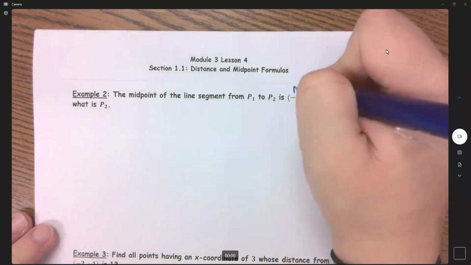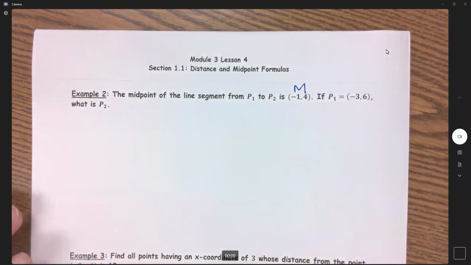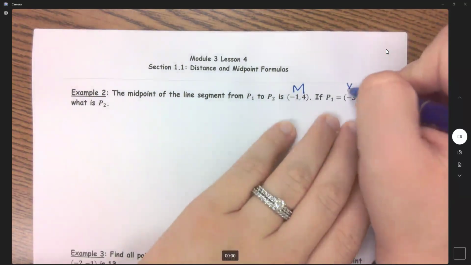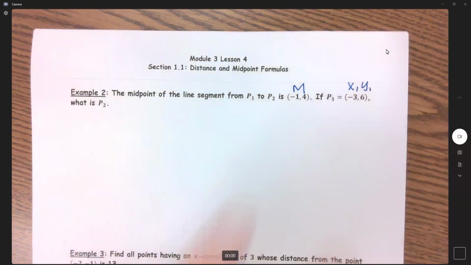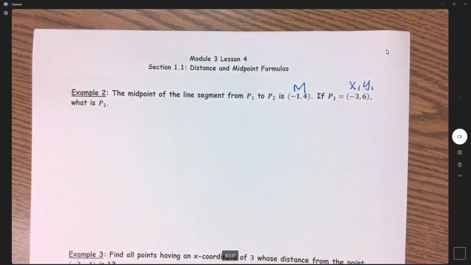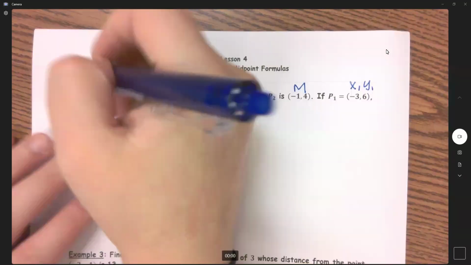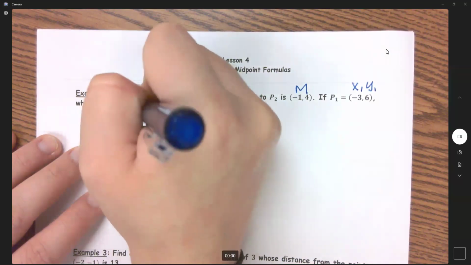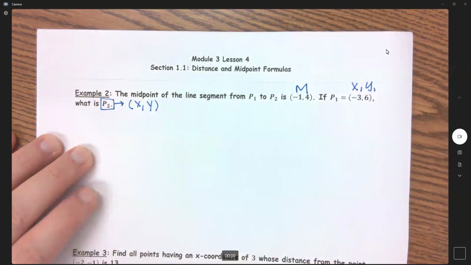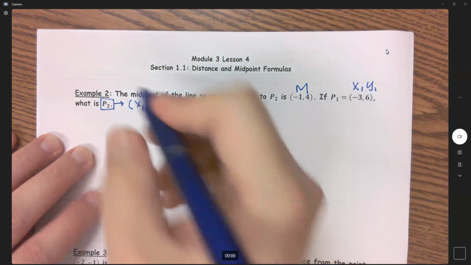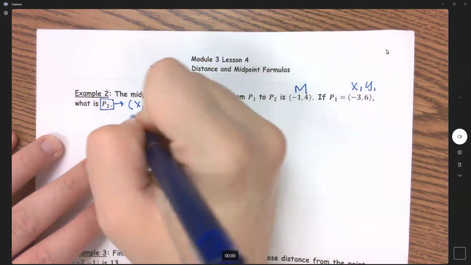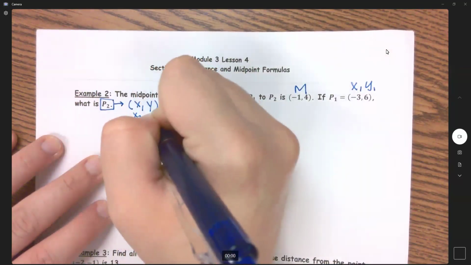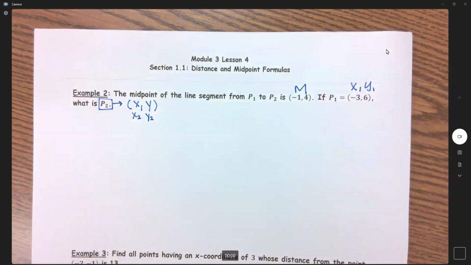So there's my midpoint. If P1 is -3, 6, so there's my X1, Y1. What is P2? So P2 needs to be written as an ordered pair, X comma Y. And so if we were labeling, this would be my X2, Y2.